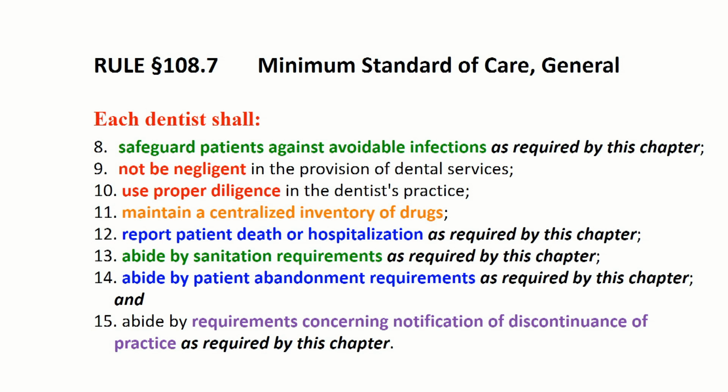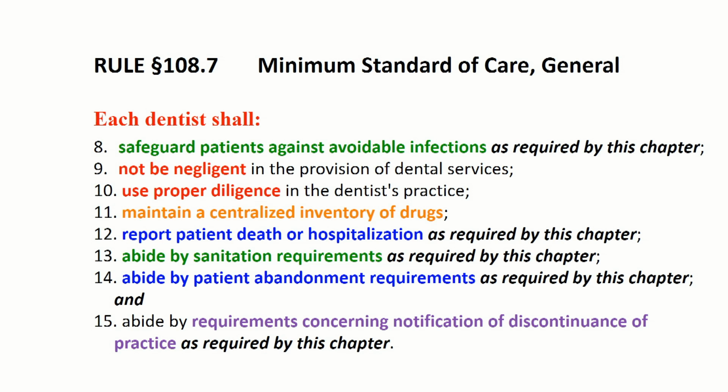And finally, subparts 9 and 10. This is very, very broad language: for a dentist to not be negligent in the provision of dental services and to use proper diligence in their dental practice. It is not only broad but arguably redundant, but the state board is basically saying we're going to analyze your conduct from a perspective of negligence as well as whether or not a particular dentist in a particular situation, case, or treatment used proper diligence.